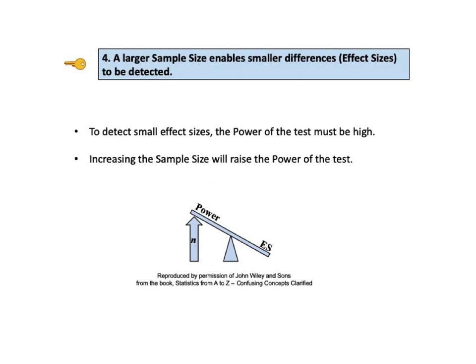To detect small effect sizes, the power of the test must be high. Power is the probability of not making a beta error, which is a false negative. One way to increase power is to increase alpha, which is the acceptable threshold for the probability of an alpha error. But normally we don't want to do that. The only other way to increase power is to increase the sample size n.